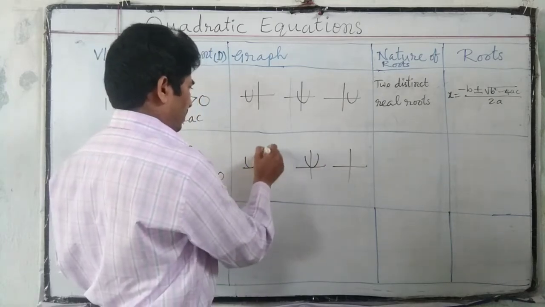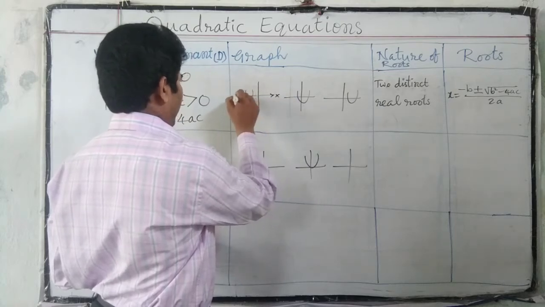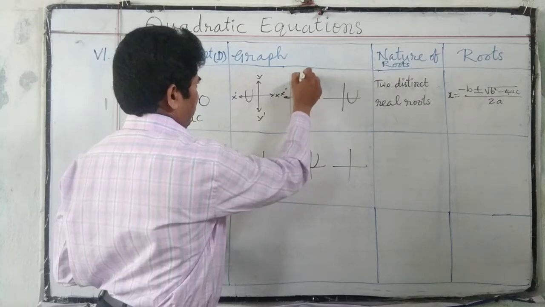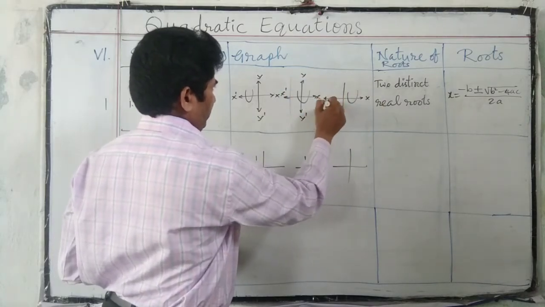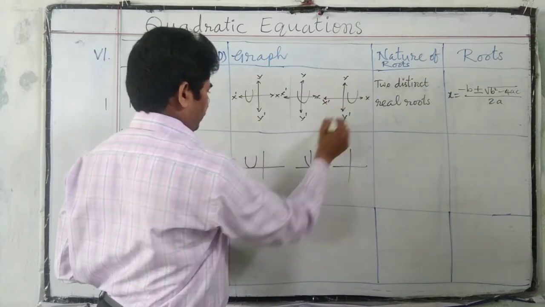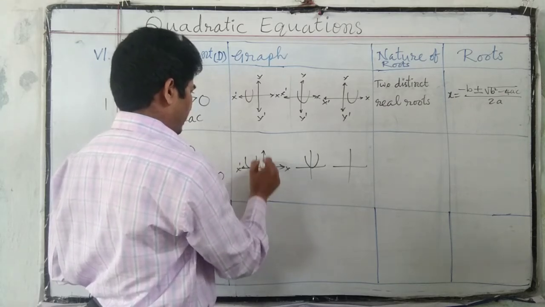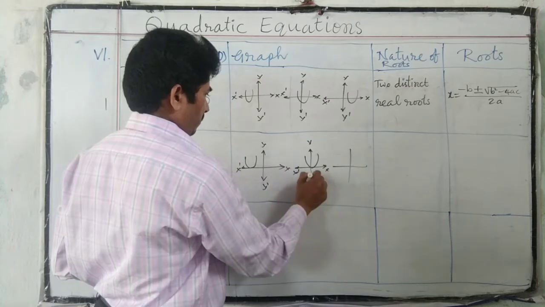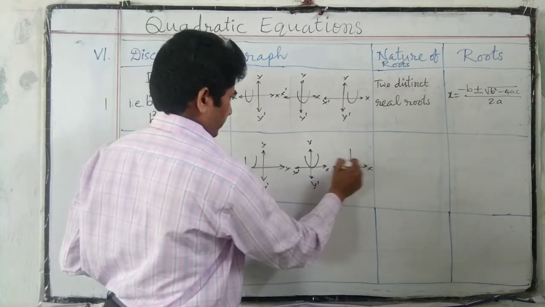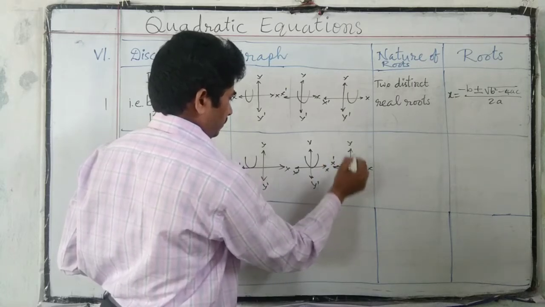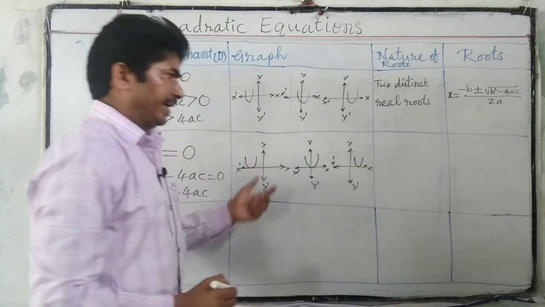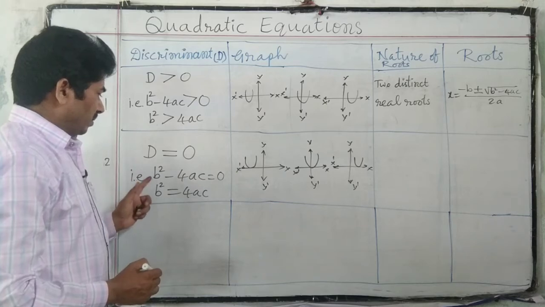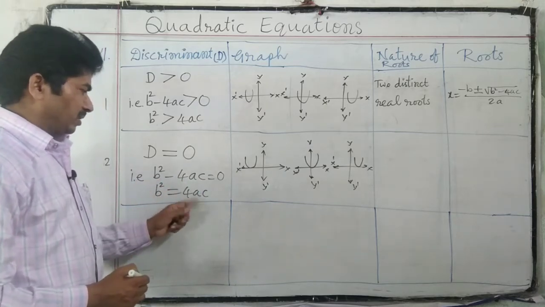The graph just touches the x-axis. When discriminant is equal to 0, that is b square minus 4ac is equal to 0, that is b square is equal to 4ac.